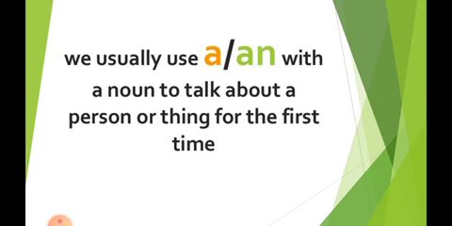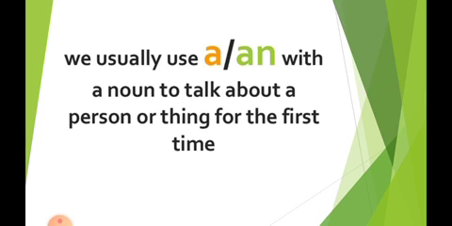We usually use a or an with a noun to talk about a person or thing for the first time. This is also one of the rules for using article a or an. Noun means a person or place or thing.